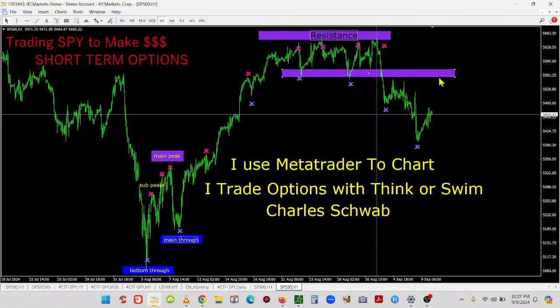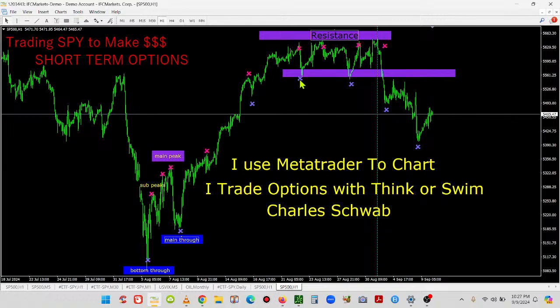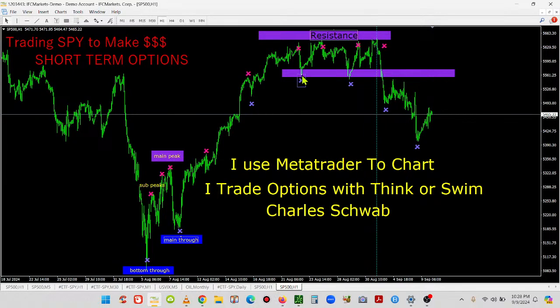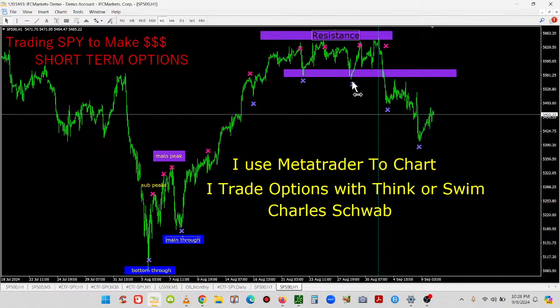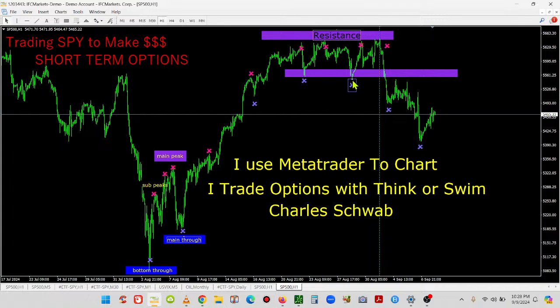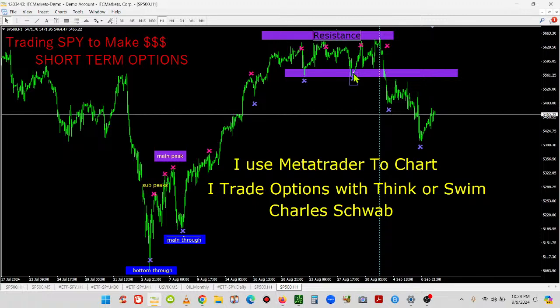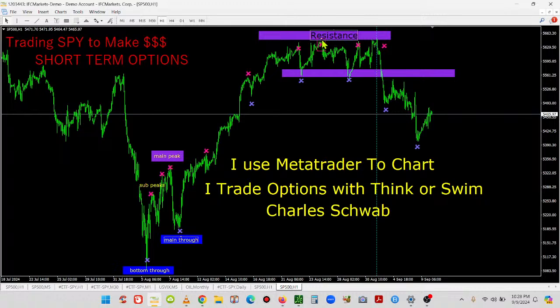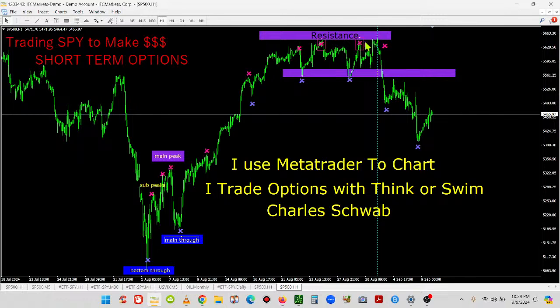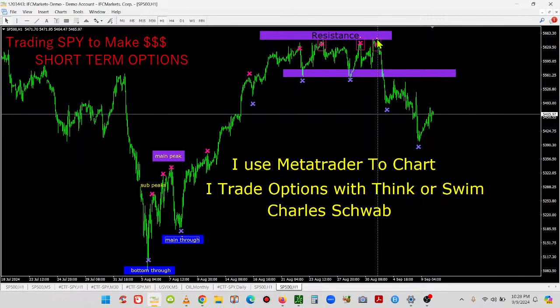So what happened was this thing ran into resistance, and you have a trough, and we're going to call these main troughs. They're both sort of at the same position, so they're both kind of like a main trough. And we have some main peaks. These are the main peaks right in here.